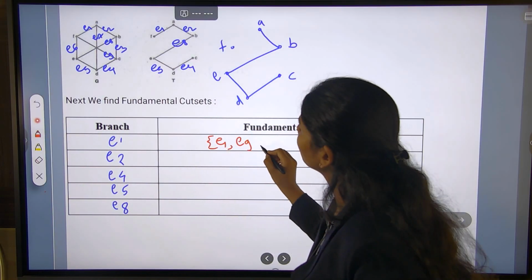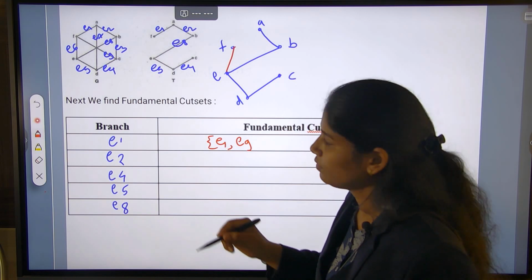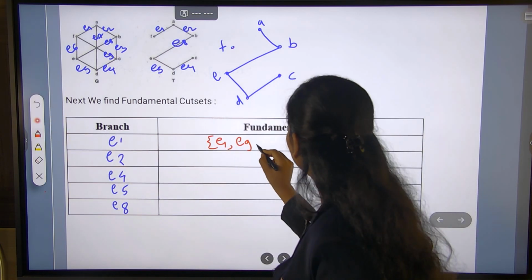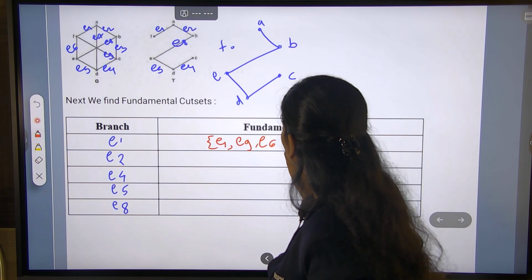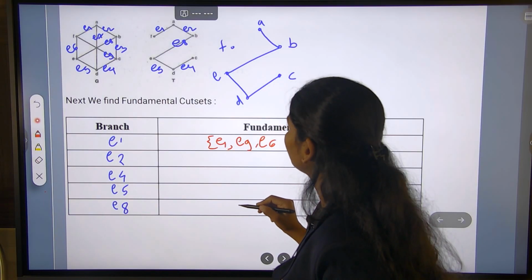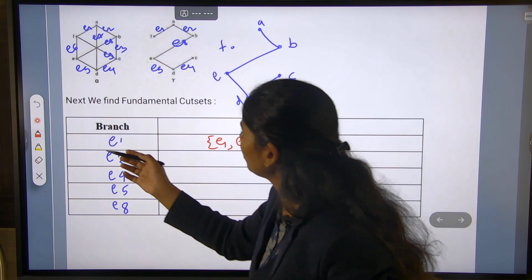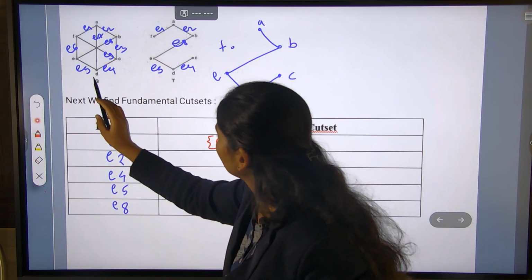Next, if we join E6, we get the connected graph. Therefore E6 is also included. That's it. Then go for next, E2.